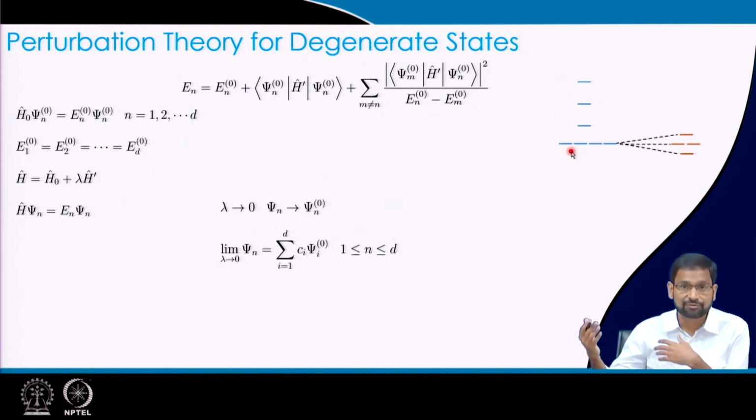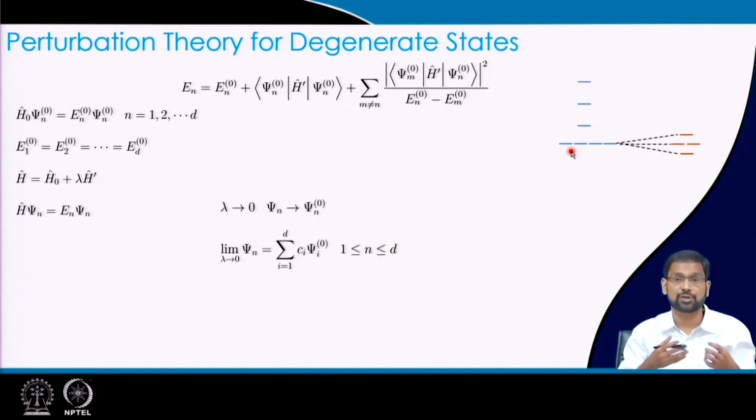So, that means after perturbation, when I remove the degeneracy and then backtrack, I would get a different linear combination for this starting function. So, what does that mean? When I am dealing with degenerate perturbation theory, I have another problem to fix, that is to define a unique starting point.